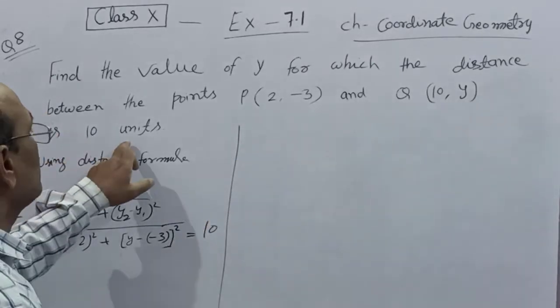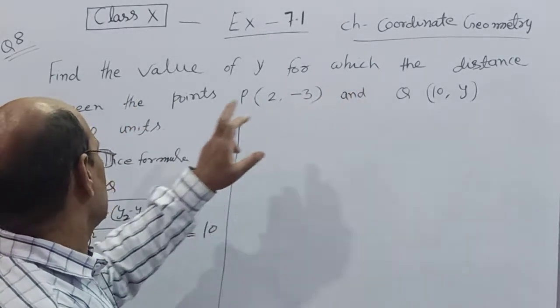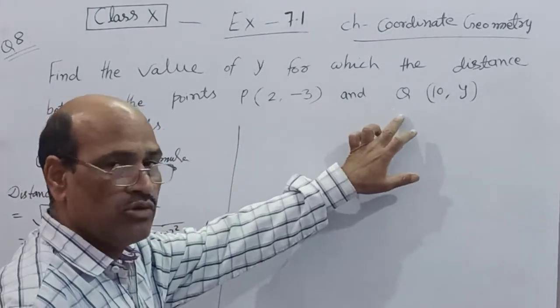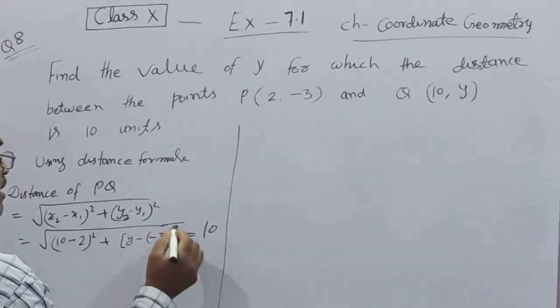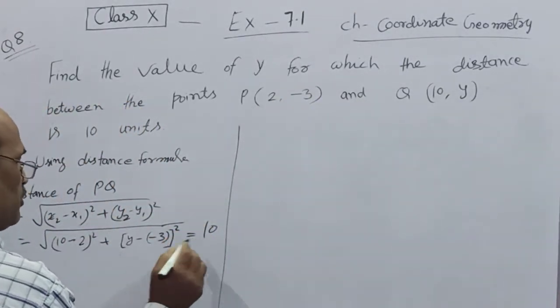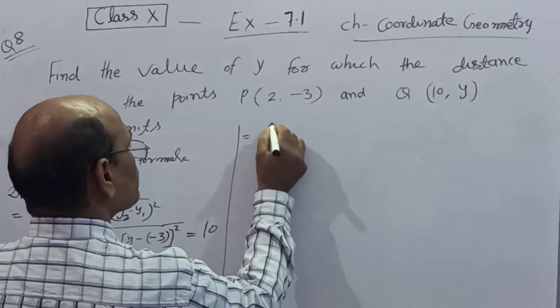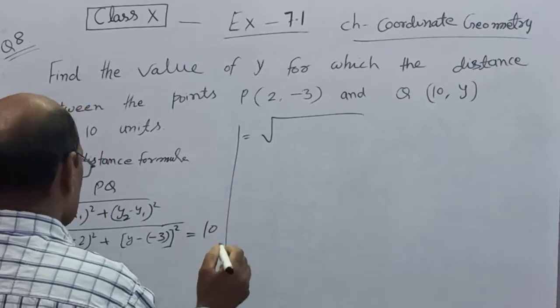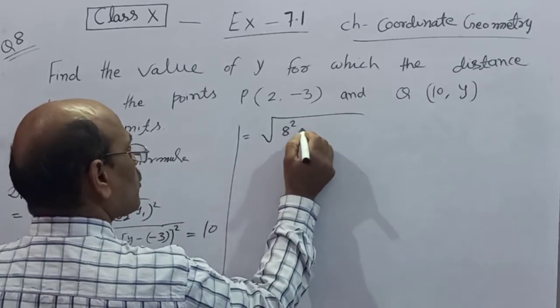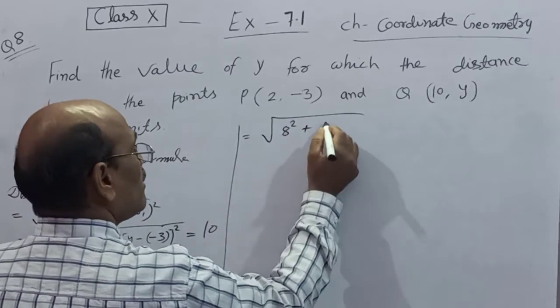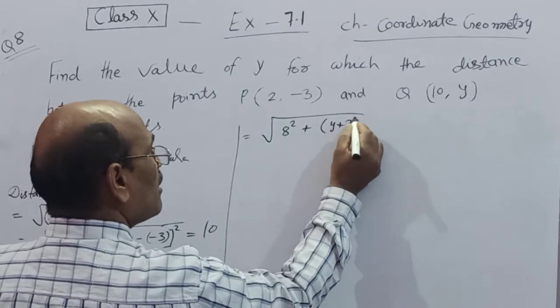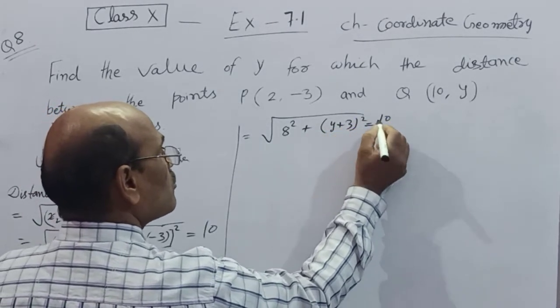Because 10 units is given. Our distance between these two points is 10. Therefore we can write 10 minus 2 is 8 square plus y plus 3 whole square is equal to 10.